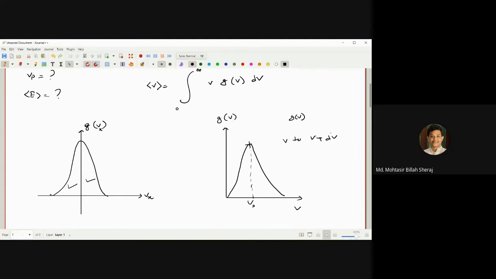Okay, so this is a probability, and I have shown that this can be written as n(vx) by n, where n(vx) is the number of molecules within the per unit interval within the velocity range vx to vx plus dvx.